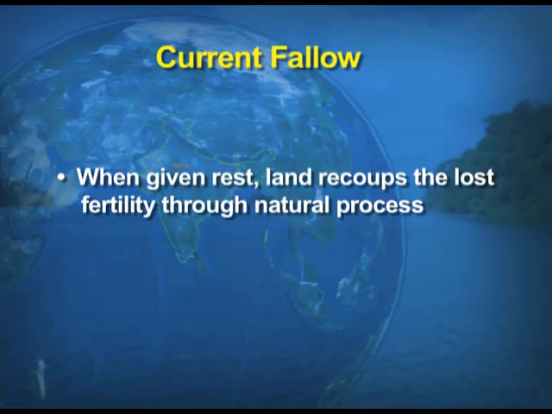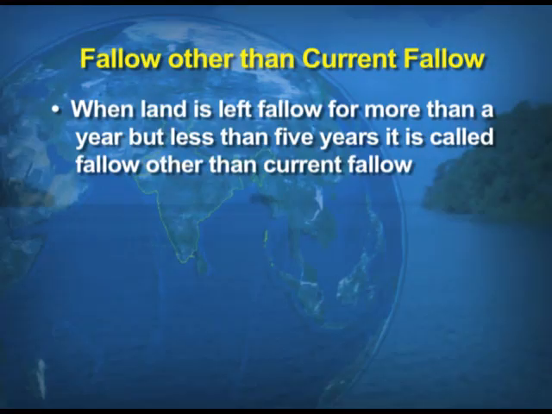When we say that rest is given to land, it means it is left uncultivated. So, the land recoups the lost fertility through the natural process, and such a land is known as current fallow land.